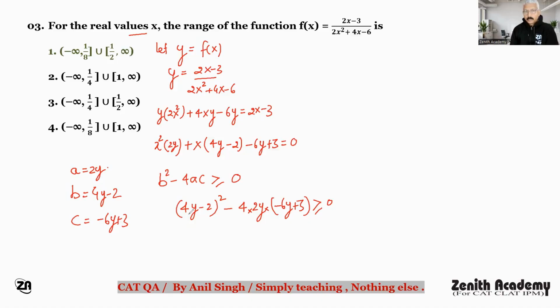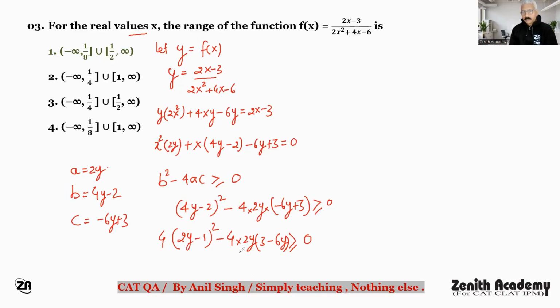If we take common 2, then 2 whole square is 4, and this 4 can be cancelled out. So here it will be 2y minus 1 whole square, minus this 4 into 2y, and here I'm going to write 3 minus 6y greater than or equal to 0.